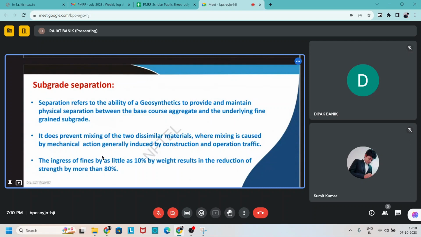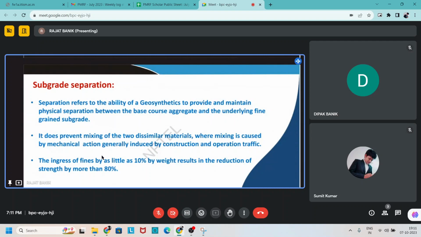So we use a geosynthetic material as a separator to increase the strength of the subgrade material.